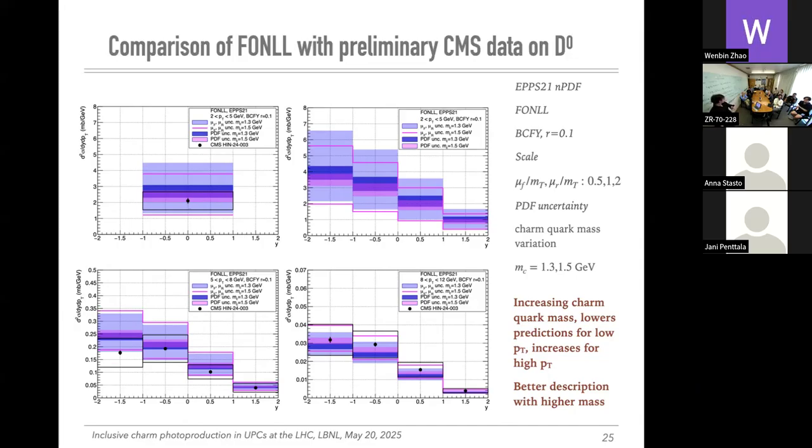The data like this higher mass a bit more, but you cannot make any conclusions. It's just to illustrate how things vary. The uncertainties of the data, they have the black boxes, here, here, and here. But this also depends on the nuclear PDF, right? So yeah, of course, I will show you.